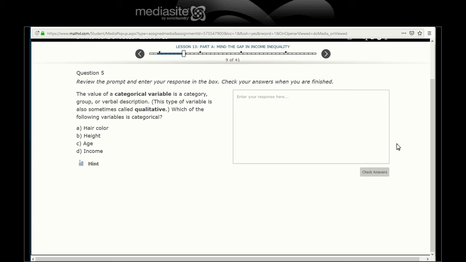Hair color. That's not a number, that's a word. Auburn, blonde, brunette, neon green. Height, I can measure height. Quantitative.